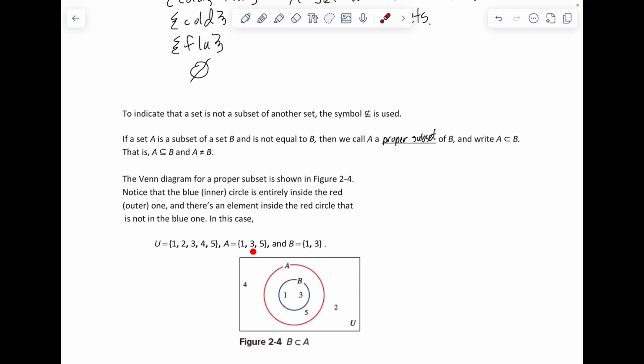Set A includes all of the numbers inside the red circle. That would be 1, 3, and 5. And then set B would be all of the numbers inside the blue circle. That would be the numbers 1 and 3. Notice that all of the numbers in set B are also in set A, right? Both B and A contain the elements 1 and 3, but set A contains one additional element, 5, so A and B are not equal to each other, so that means B is a proper subset of A.